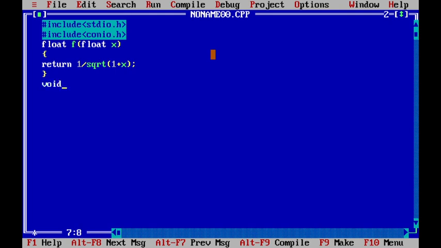Now void main. Integer, we require a for loop variable i, then the number of strips n, and real number arrays x20 and y20.